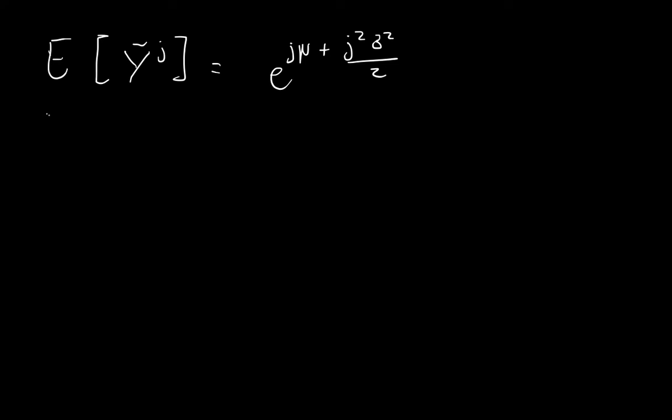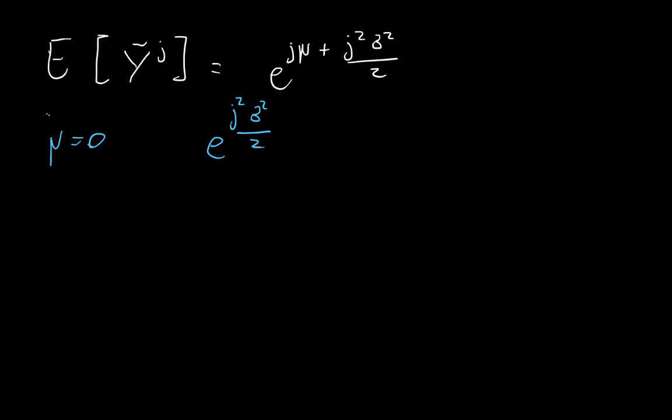So the jth moment of a log-normally distributed random variable is simply the exponential to the power j multiplied by mu plus j square multiplied by sigma square divided by 2.